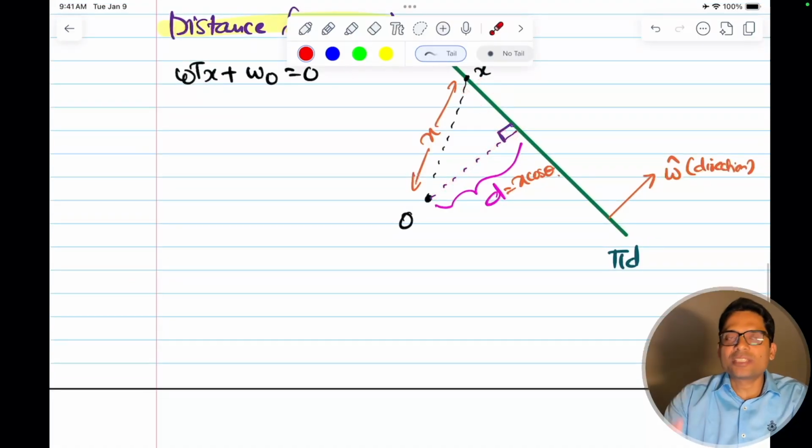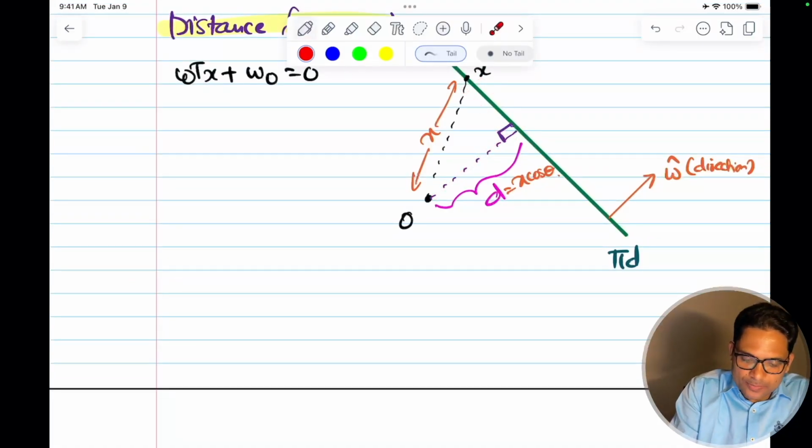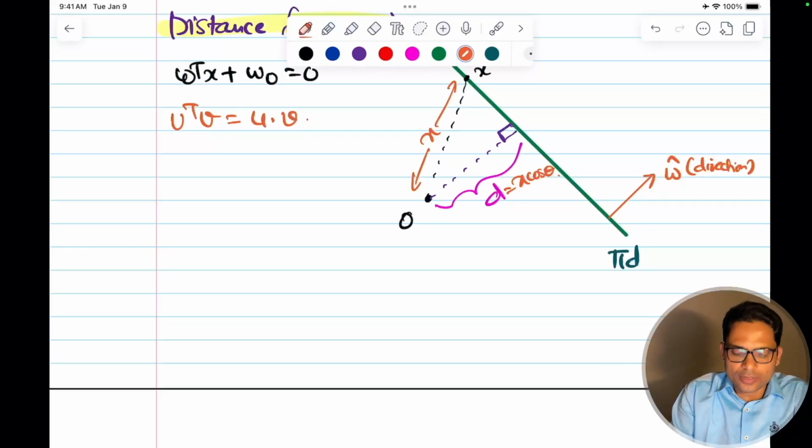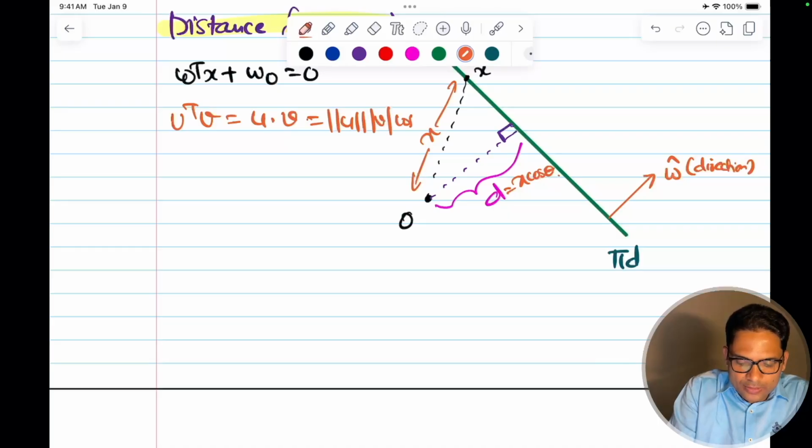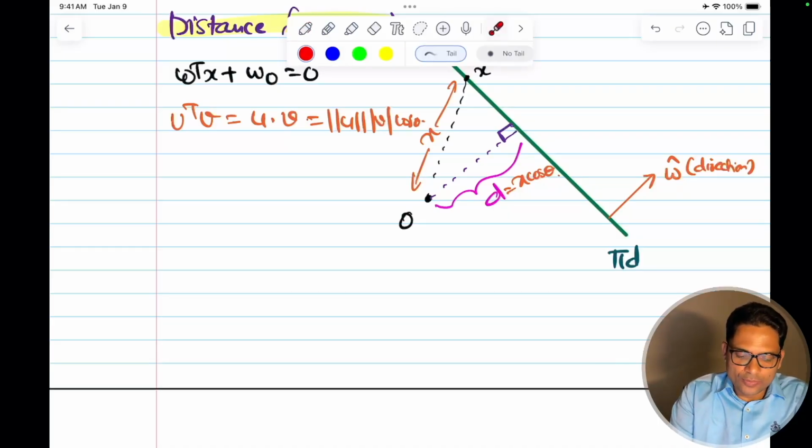So what is W transpose x? Any vectors u transpose v is equal to u dot v. We know that's the dot product, and this is also equal to the length of u times the length of v times cos theta, right? So now we'll express this W transpose x in that format.